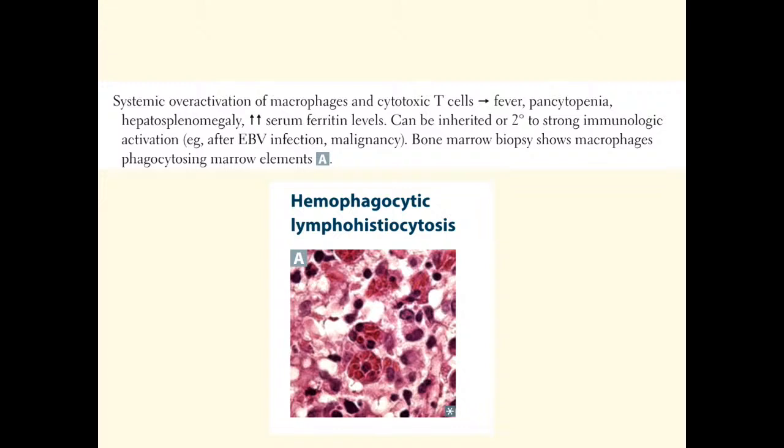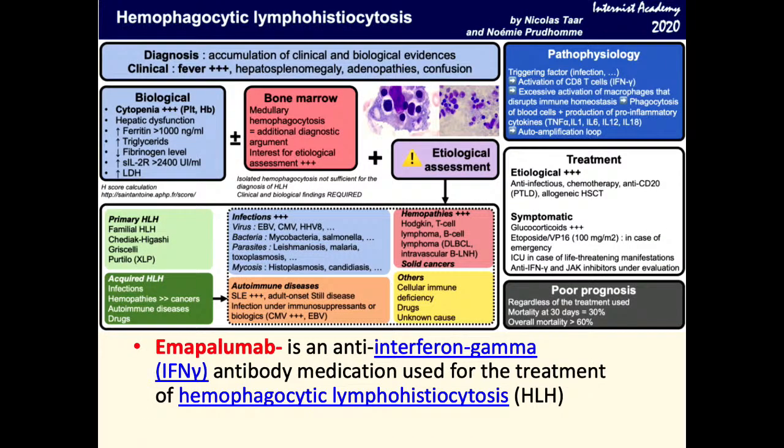And here on this picture you can see that there is a phagocytosis of normal blood cells. It may happen in the bone marrow, but also in the periphery. Okay, and this is just for you.